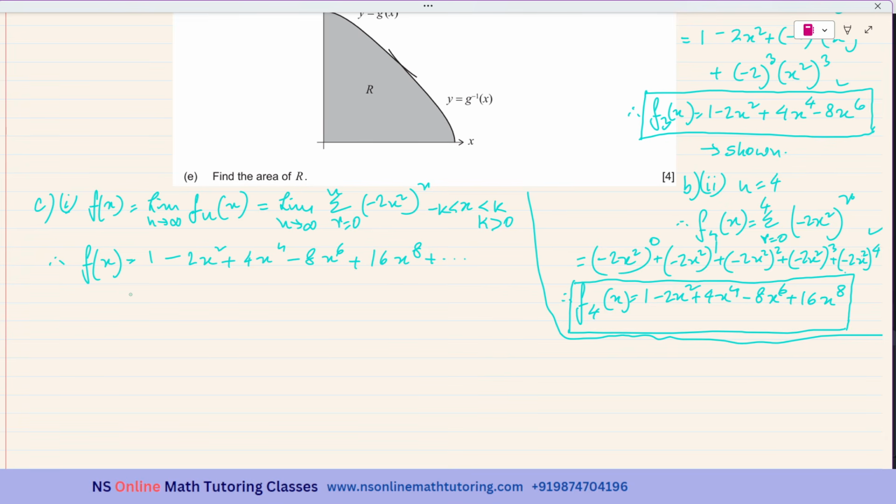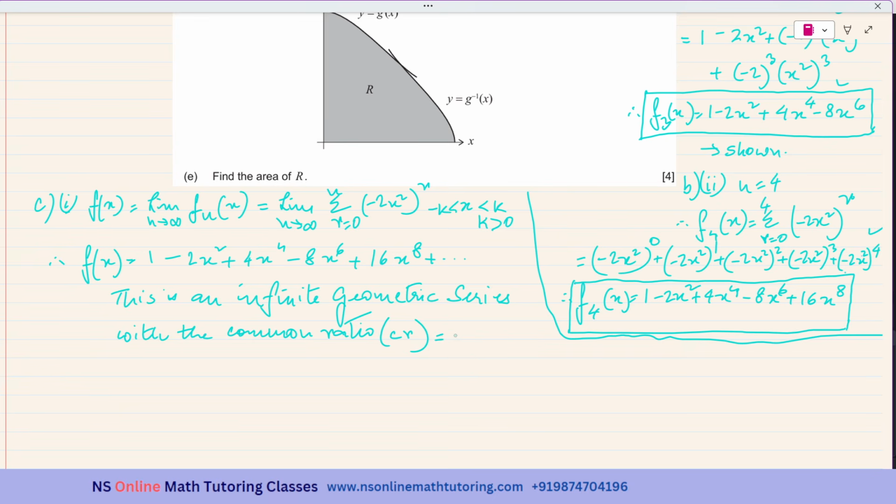This is an infinite geometric series with a common ratio equal to negative 2x squared over 1, or 4x to the power of 4 over negative 2x squared.